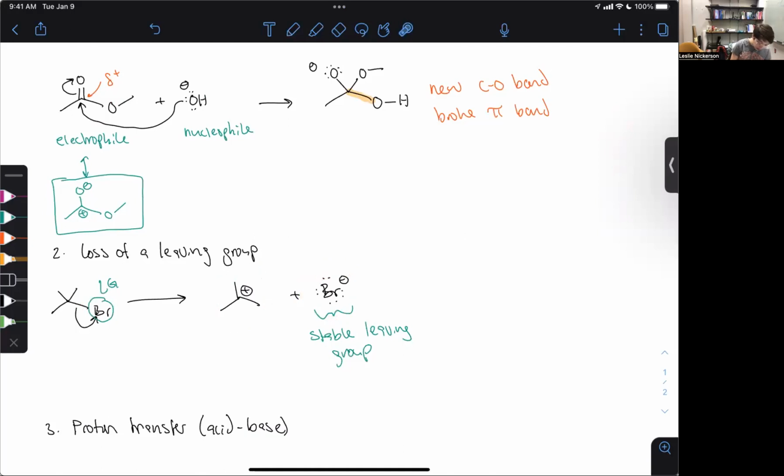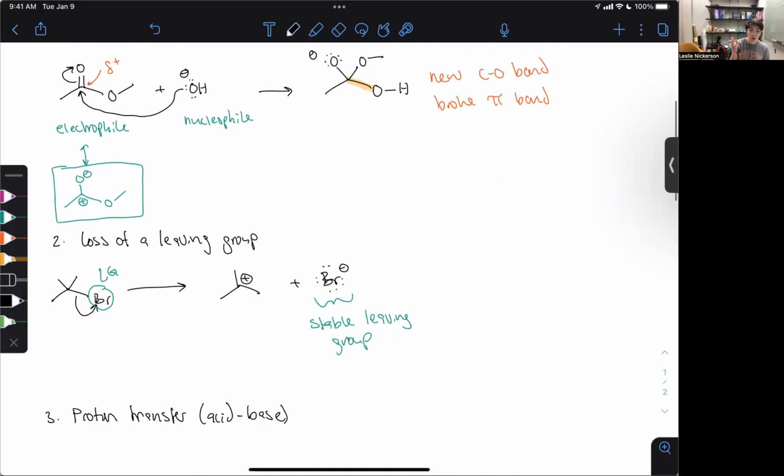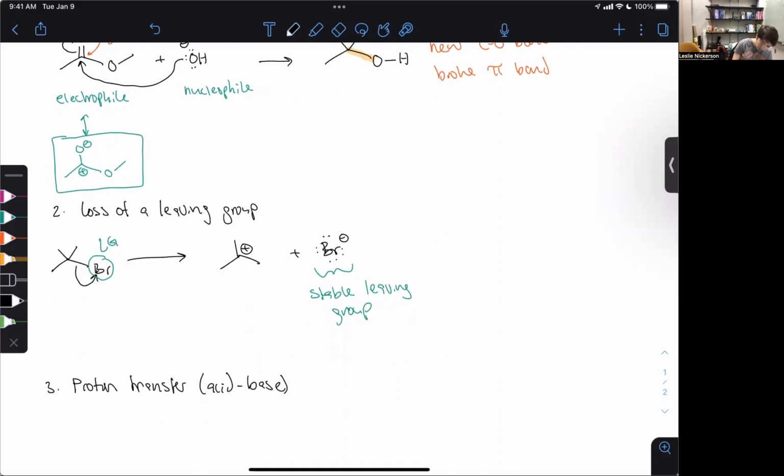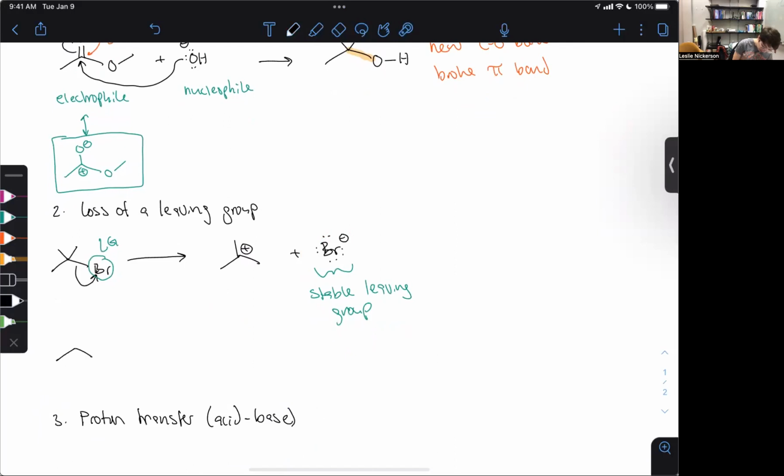Okay, and there are some instances where we'll see leaving groups get pushed off by other things. An example of that would be something like this. If we had an O minus here, a Cl there, and an OH.